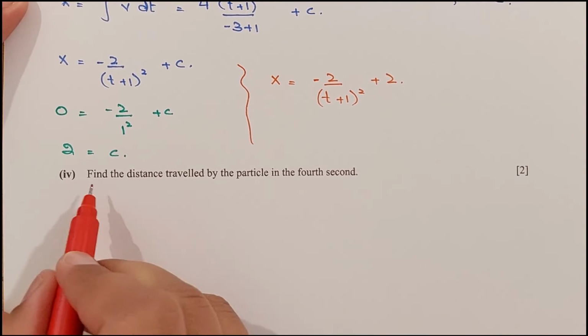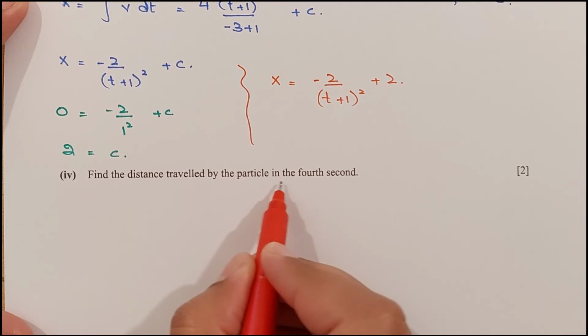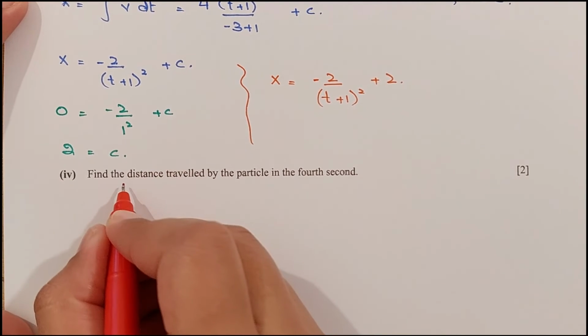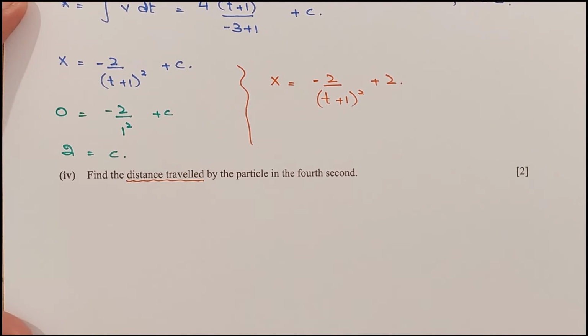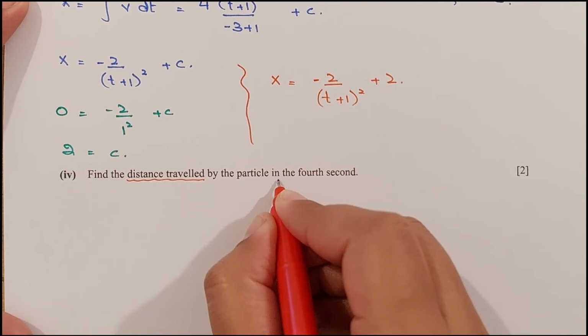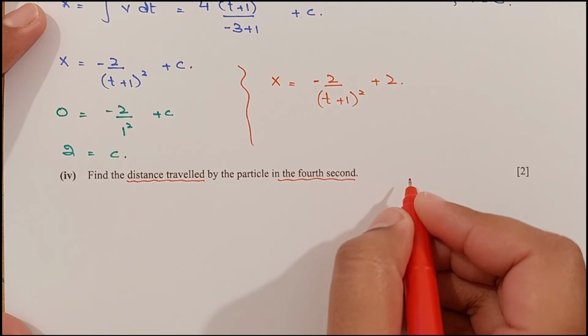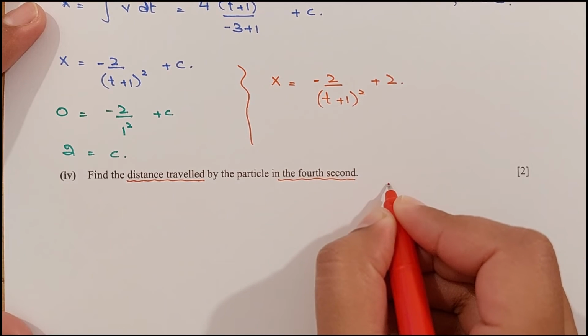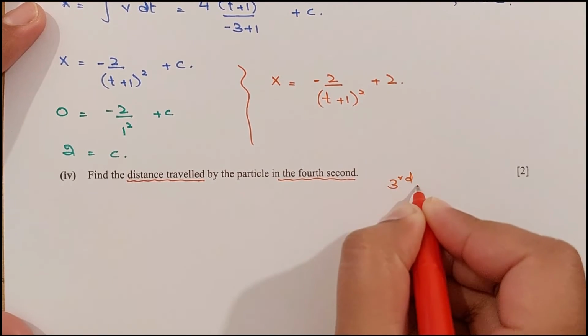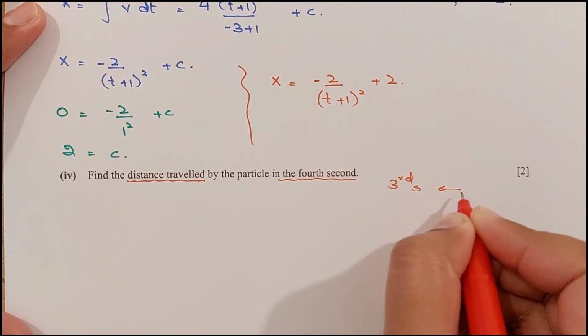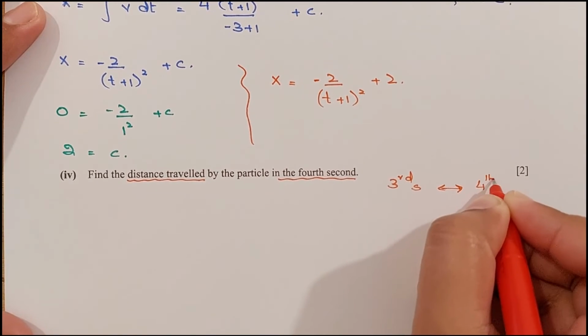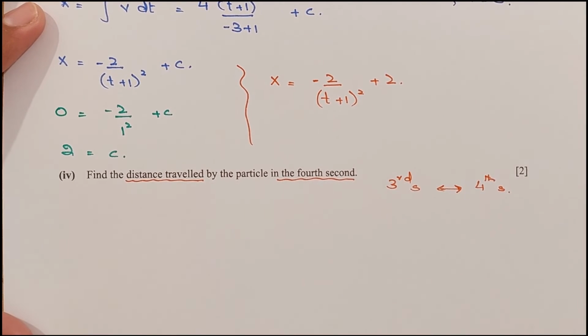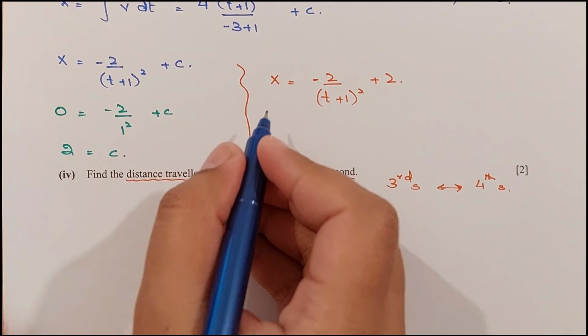Now for part 4, find the distance traveled by the particle in the 4th second. Distance traveled is basically the sum of displacements. In the fourth second, it means we have to find the displacement between the third second and the fourth second. So first we find the displacement at t equals 3.